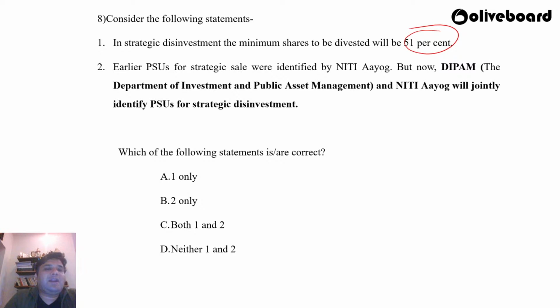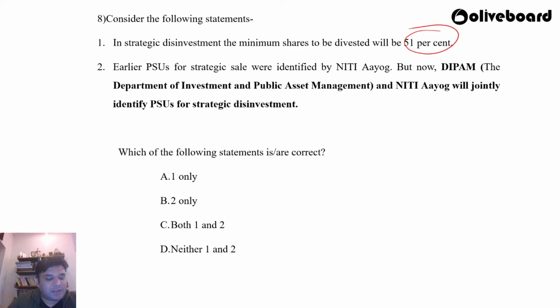Statement number 2, earlier public sector undertakings for strategic sale were identified by Niti Aayog, but now DIPAM, that is the Department of Investment and Public Asset Management, and Niti Aayog will jointly identify PSUs for strategic disinvestment. Which of the following statements is or are incorrect? A, 1 only, B, 2 only, C, both 1 and 2, D, neither 1 nor 2.